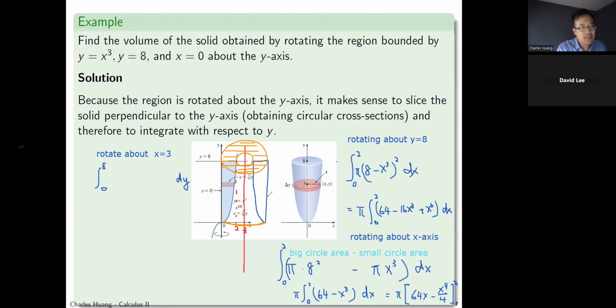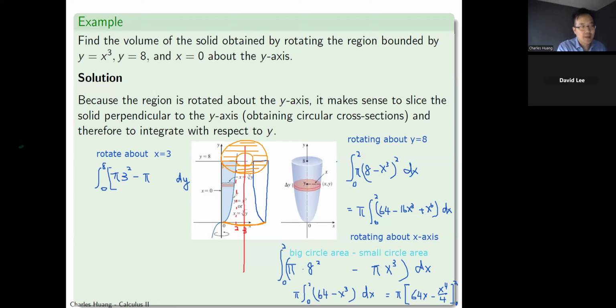You'll notice the outside is always the same, right? The outside goes straight down. The distance is always from 0 all the way to 3. So here, this is pi 3 squared, and minus pi.